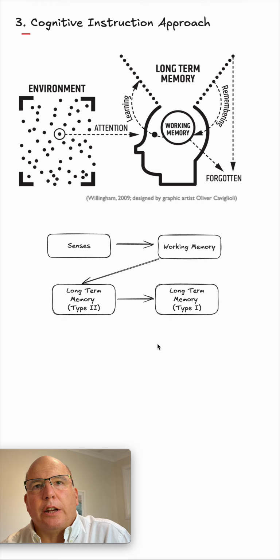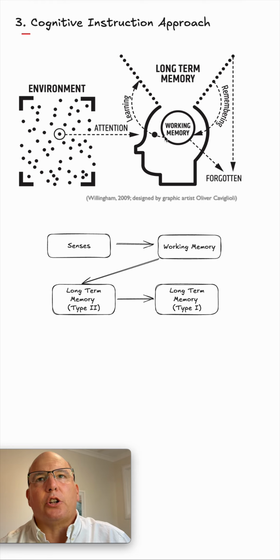So what does a cognitive instruction approach mean? It means that we're recognising physically how students sense the environment, either through sight, sound, touch, or smell, and it enters the brain, and if the attention is correct, then enters into their working memory, from which, if there's a form of grounding in long-term memory, they're able to process that and then transform that into learnings, hopefully in long-term memory.